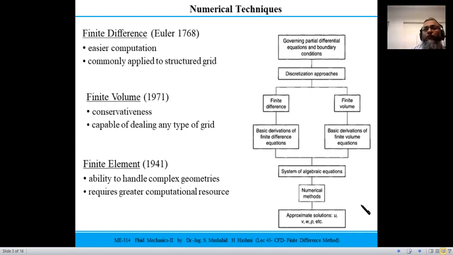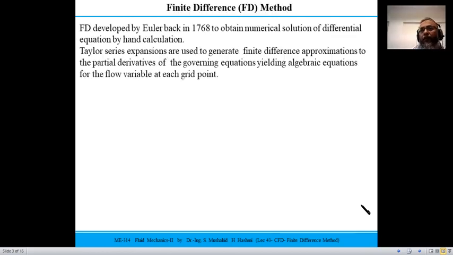Of all these techniques, today we will focus on the first technique, the finite difference method. Finite difference started earlier, and it is the method people used to solve differential equations by converting them into algebraic form.